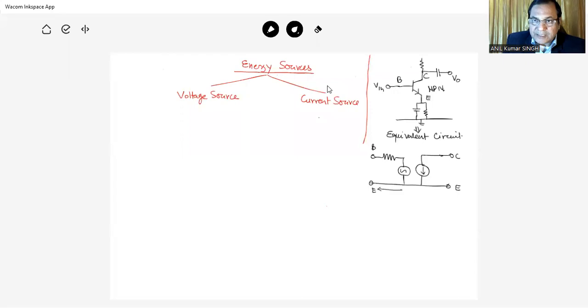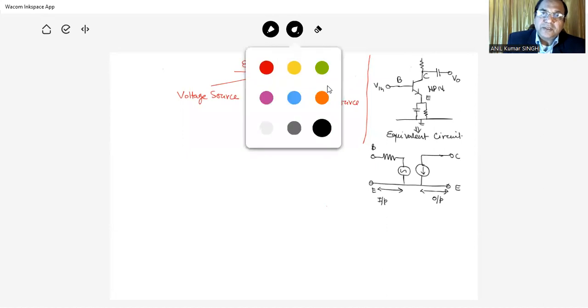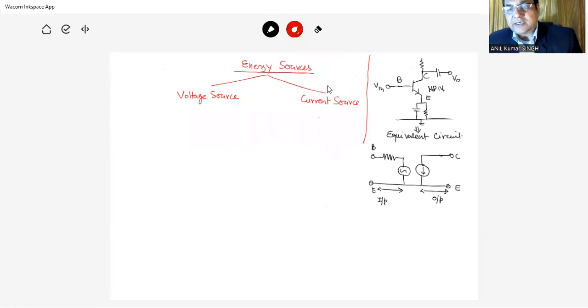This part is input, and this part is output. So in the input or output, there are two types of symbols.